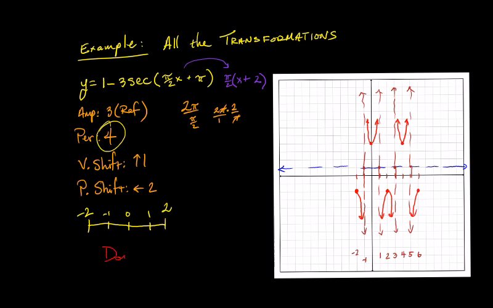I'm going to say that the domain is x can't equal, and I'm going to roll with 1 plus, and notice they're spaced out by 2, so 2n. And then the range is going to go from -infinity to -2. And then union looks like 4 to infinity. Alright, hopefully that makes sense.